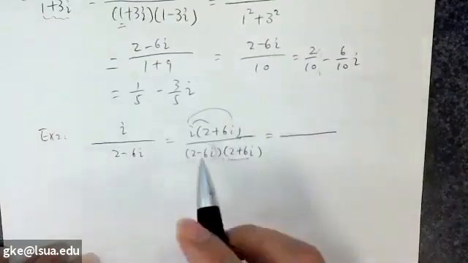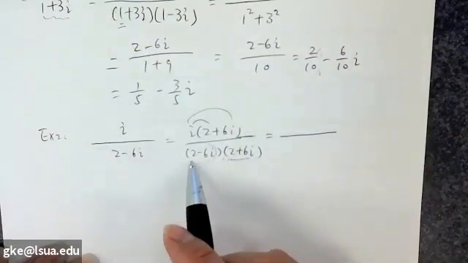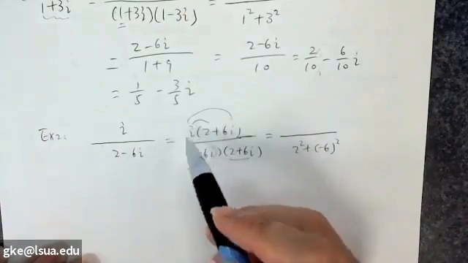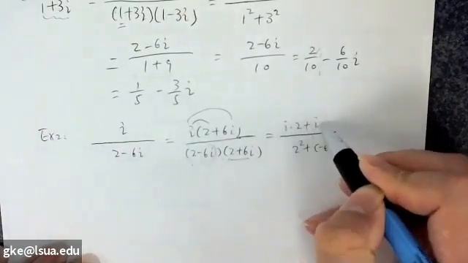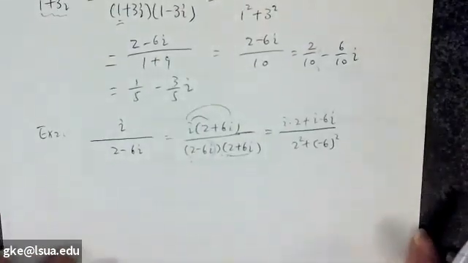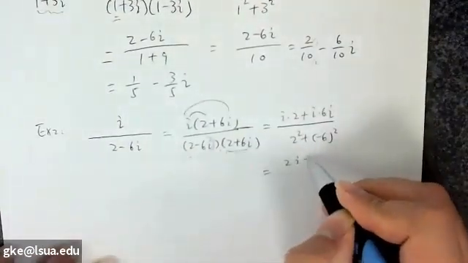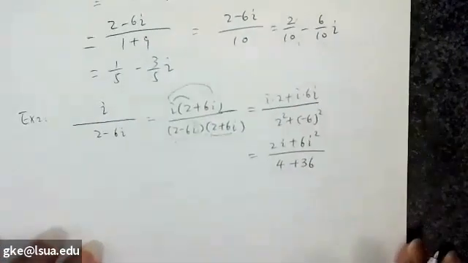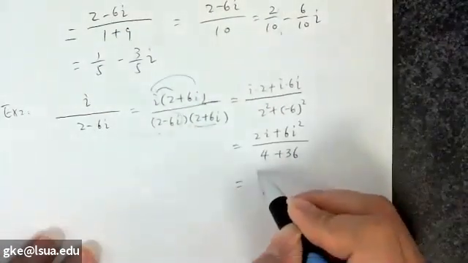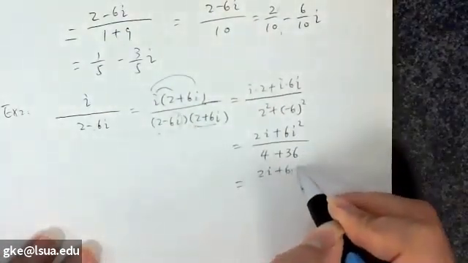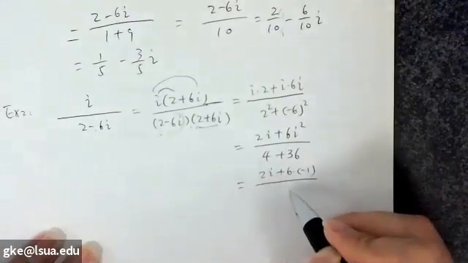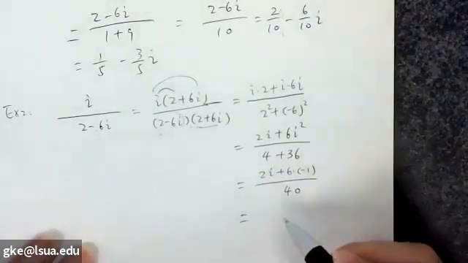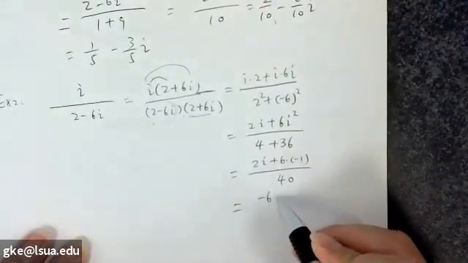The denominator is a is 2 squared plus -6 squared, and the distribution is i times 2, i times 6i: 2i, 6i squared. 4 plus 36 is 40, right? And then 6 times -1, and then we can continue to simplify. -6.